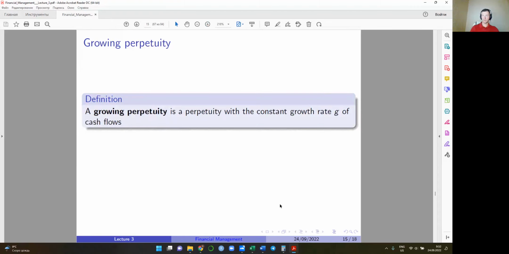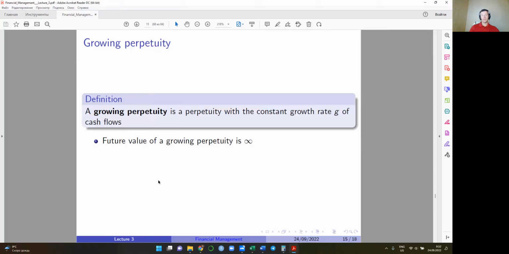And the last special case of cash flows is called growing perpetuity, as you might guess. Annuity, perpetuity, growing annuity, and now there is a growing perpetuity. Well, a growing perpetuity is a perpetuity with a constant growth rate of cash flows.